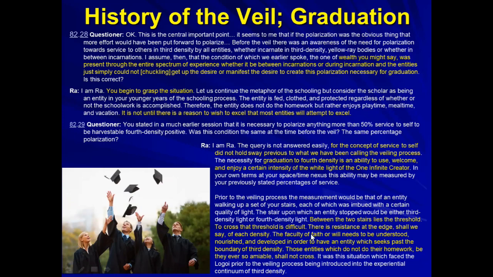The faculty of faith or will needed to be understood, nourished, and developed in order to have an entity which seeks past the boundary of third density. So one of the key learning lessons that we acquire in third density is the faculty of faith and will. Now you can imagine that that was much less needed or drawn upon when you weren't veiled.